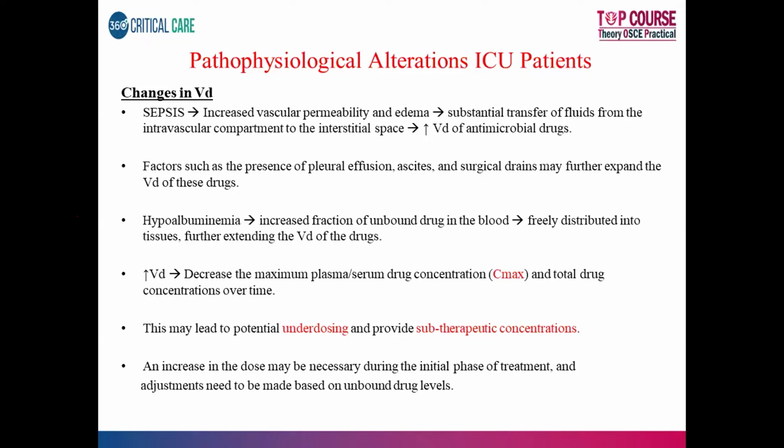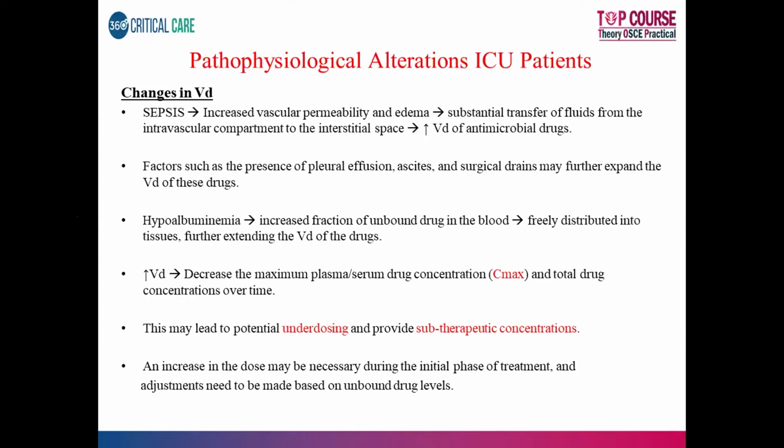The first thing is your sepsis. In sepsis, there is increased vascular permeability and edema, which leads to substantial transfer of fluids from the intravascular compartment to your interstitial space. When this occurs, your volume of distribution increases. That is the first cause. Second, most of the ICU patients have pleural effusions, ascites, and some surgical drains, all of which may also cause an increase in your volume of distribution.